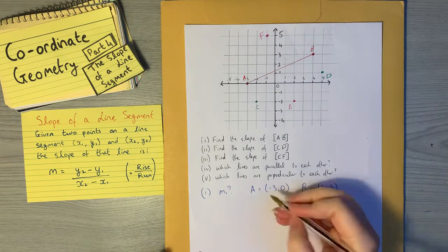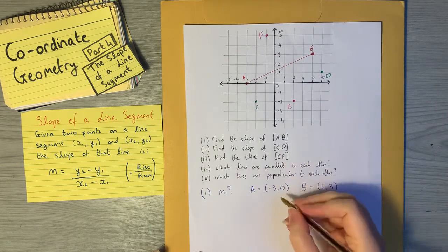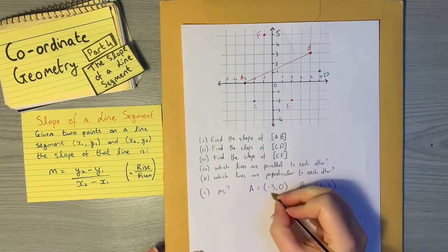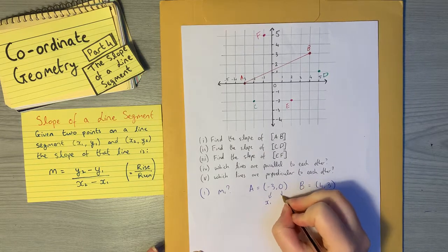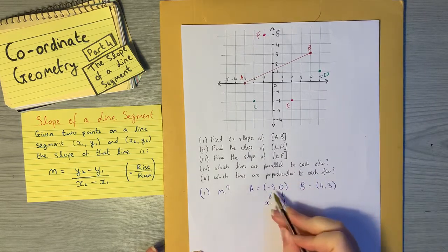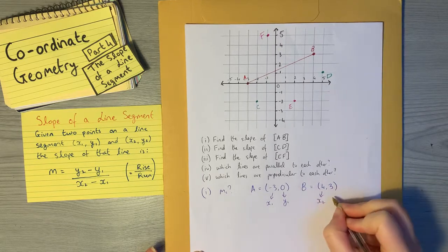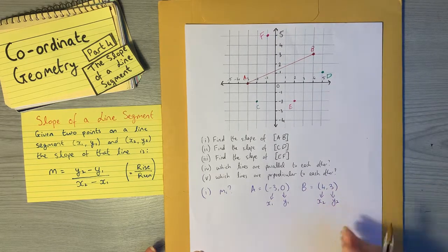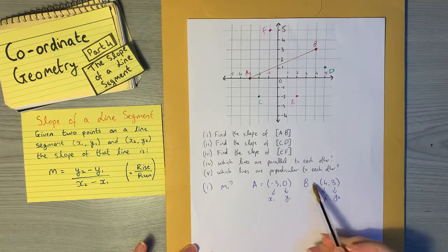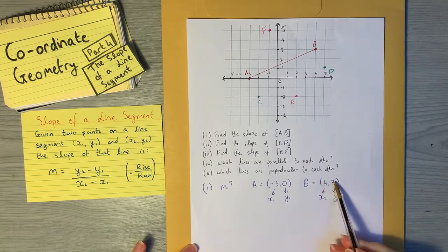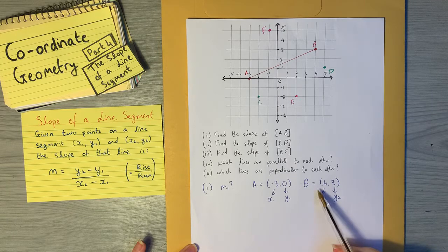Okay, so first things first, like the other few videos, we first establish our x1 and our y1. So the x and y values of our first point, and our x2 and y2 values. Okay, and again, the x and y values of B could have been my x1 and y1, either.